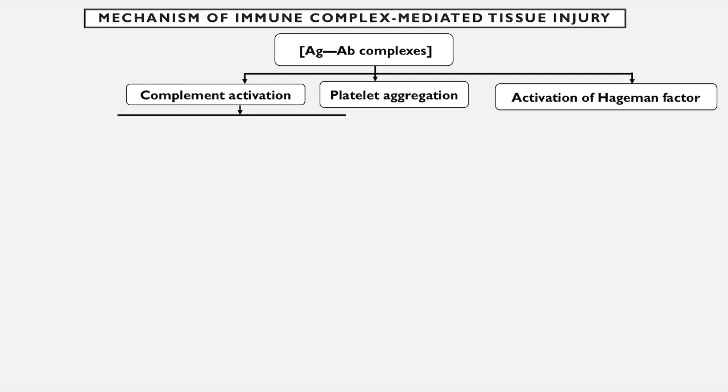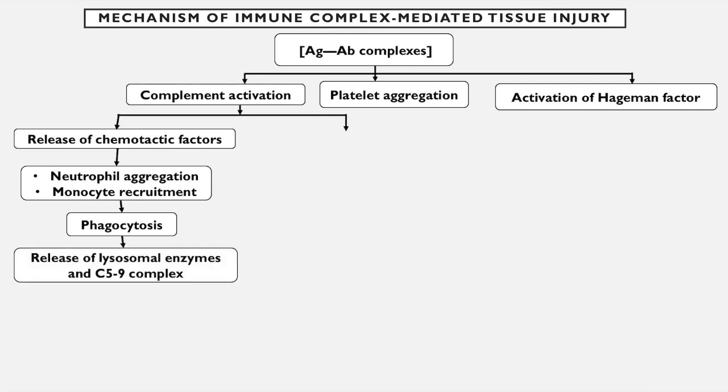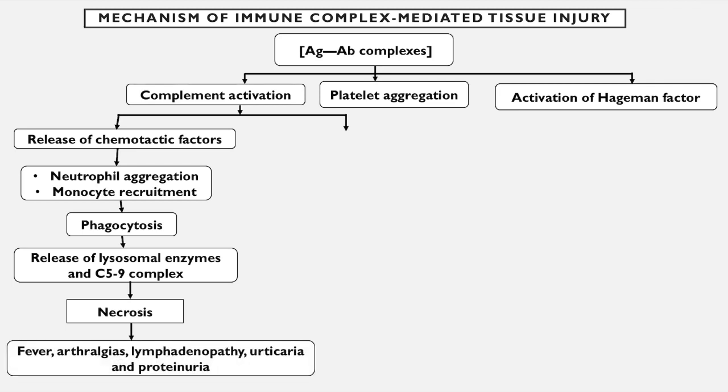Now, complement activation causes release of chemotactic factors, then neutrophil aggregation and monocyte recruitment, then phagocytosis, then release of lysosomal enzymes and C5 to 9 complexes, then necrosis, then finally fever, arthralgias, lymphadenopathy, urticaria and proteinuria.